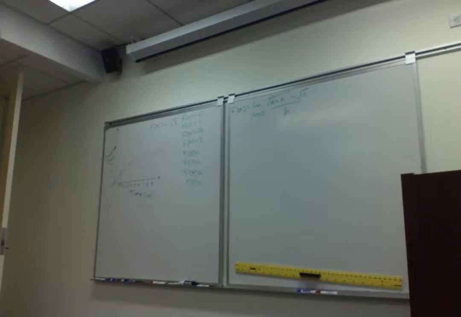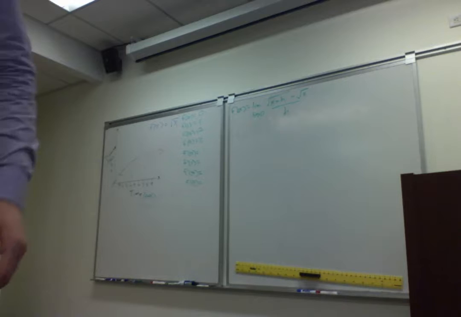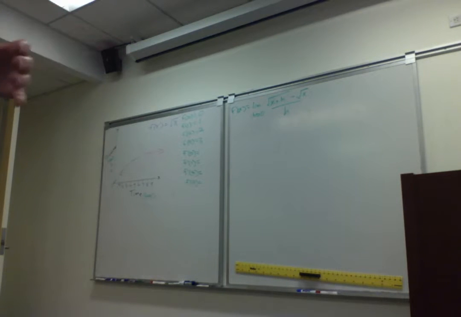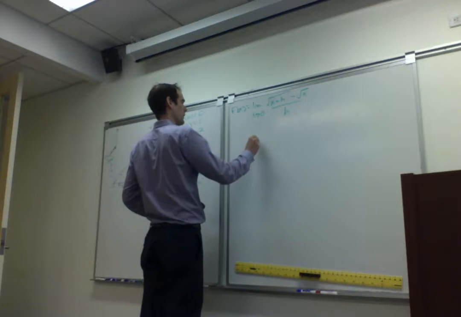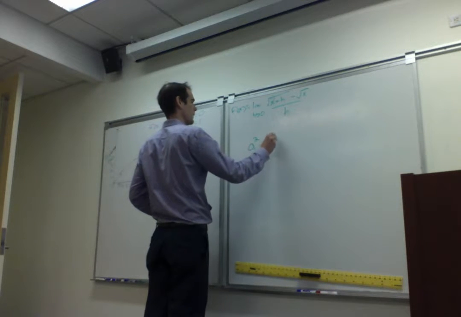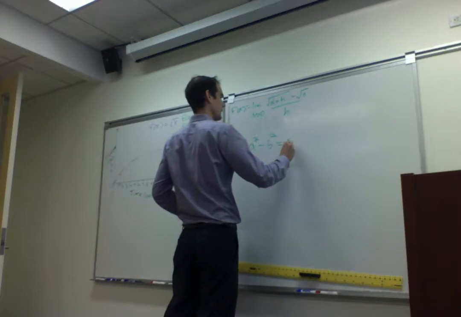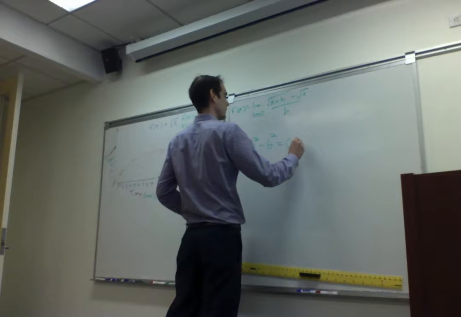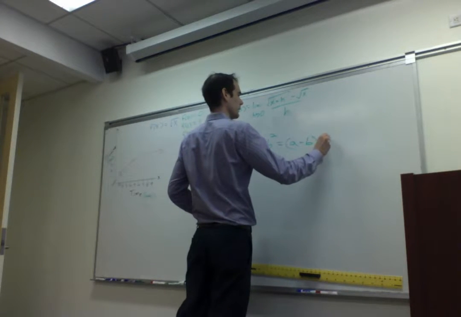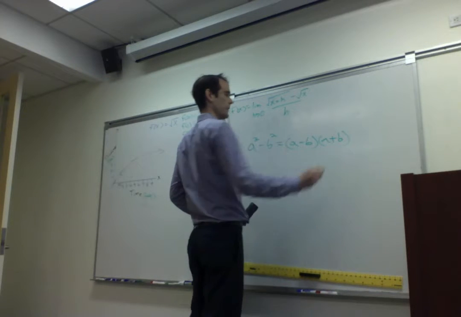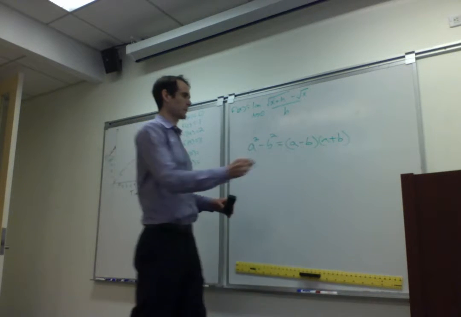A squared minus b squared. All right, so let's think about how we can use that. It says, let's see, a squared minus b squared equals a minus b times a plus b, or is it the other way around? It's the other way around, but it doesn't really matter.